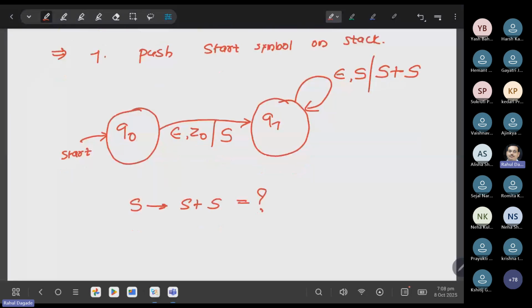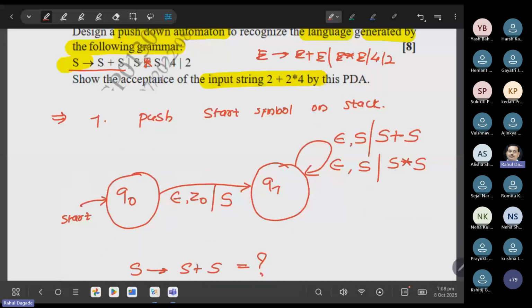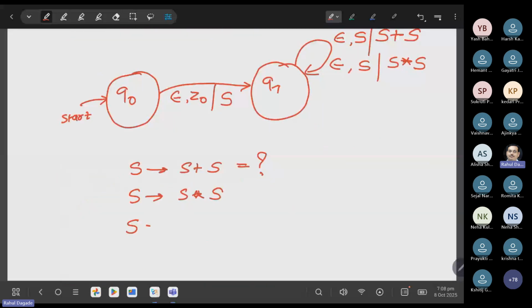Now what to do for the production S gives S into S? The same thing is to be done. When null is the input and S is on stack, then push S into S on stack. And now we have two more productions, S gives 4 and S gives 2. What to do for these?